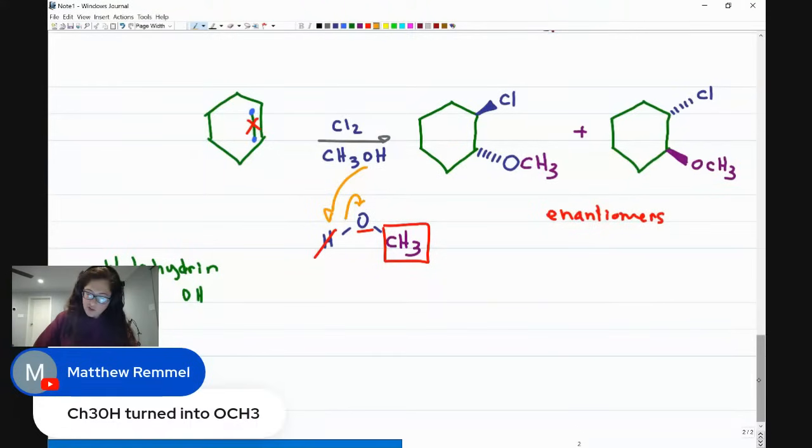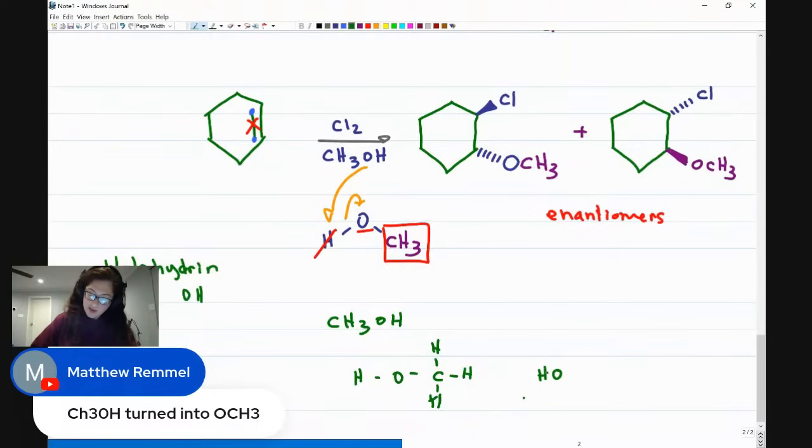So this is a question that comes up a lot, and it's really just a technicality. If I have a CH3OH and I draw it the other way, it could be drawn like this, right? Do you see how this is the same exact molecule? I have two ways to draw this.